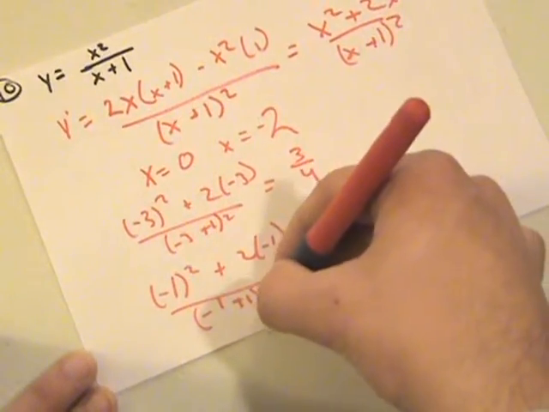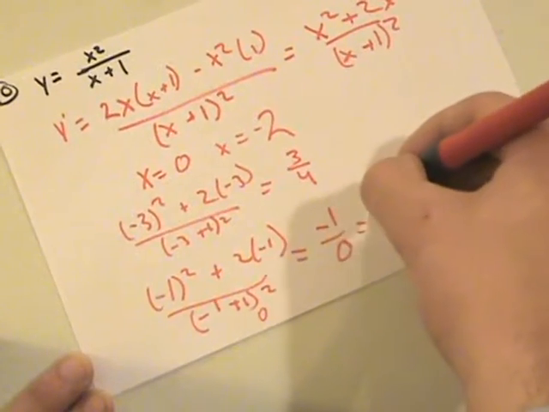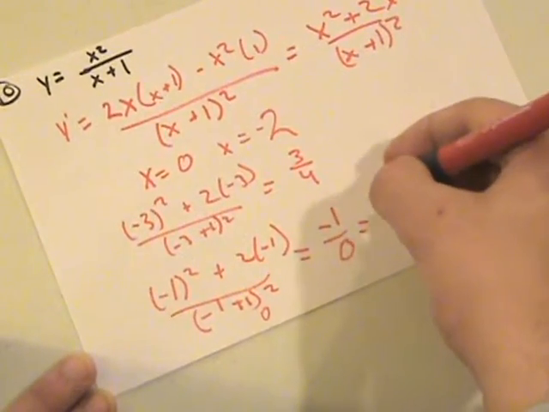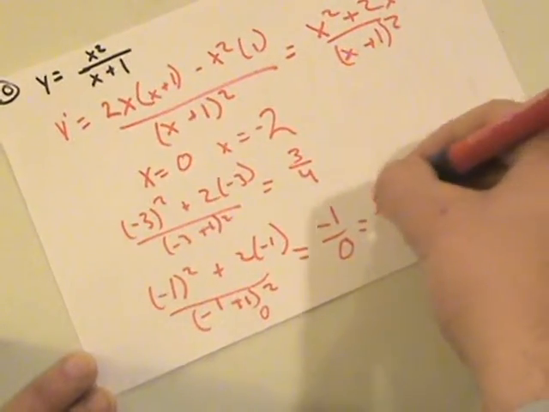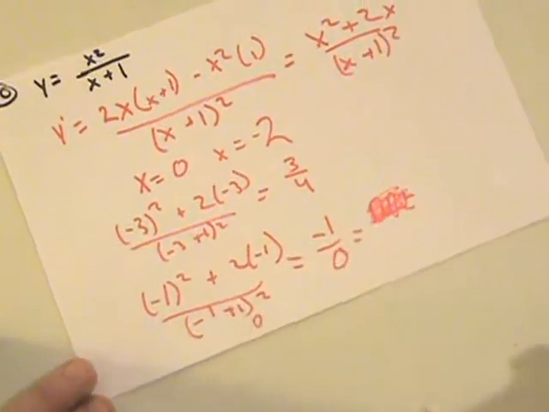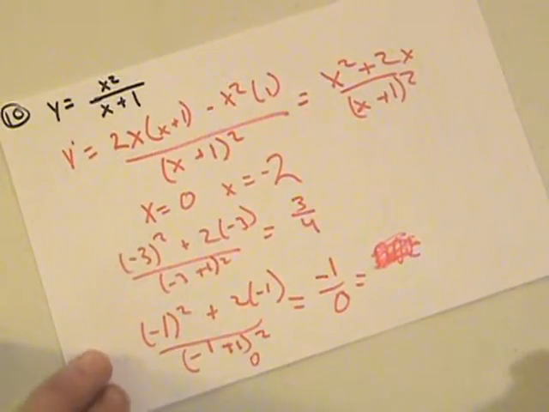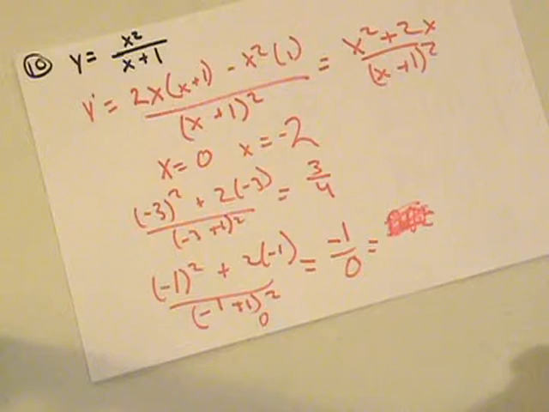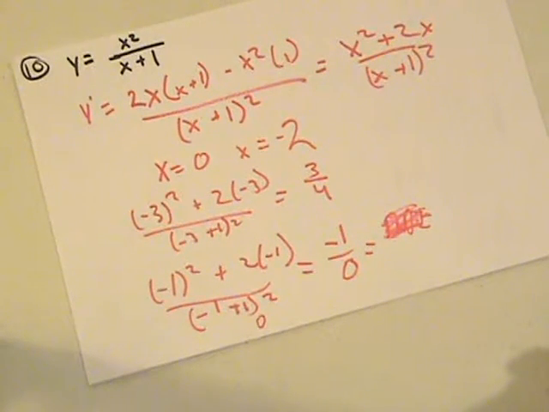But we get 0 on the bottom. Now, what does this tell us? That it does not exist. Well, I don't know about it doesn't exist, but that it does something funky at this point. We're not sure exactly what, but the slope is going off.